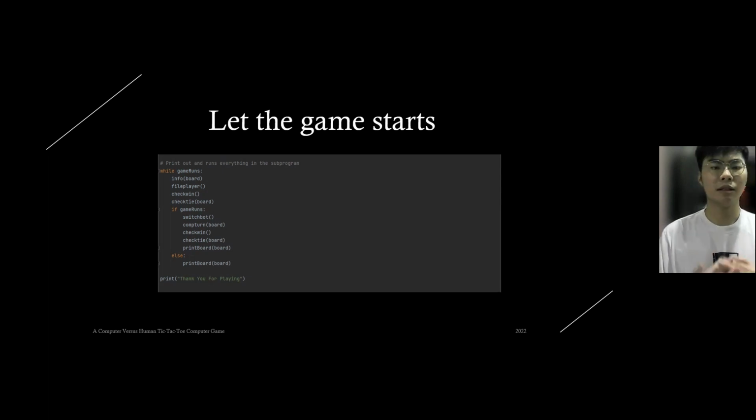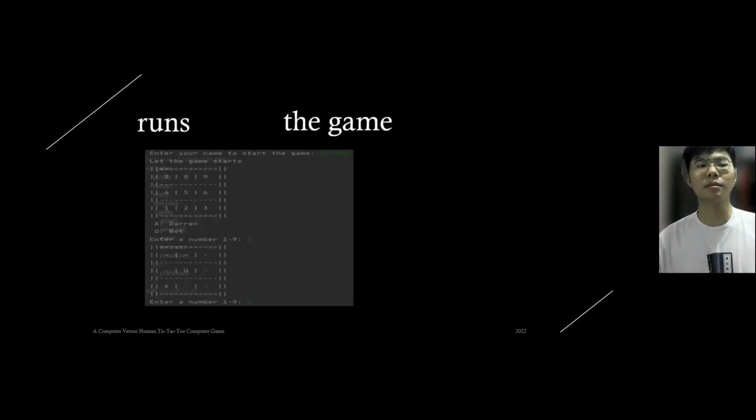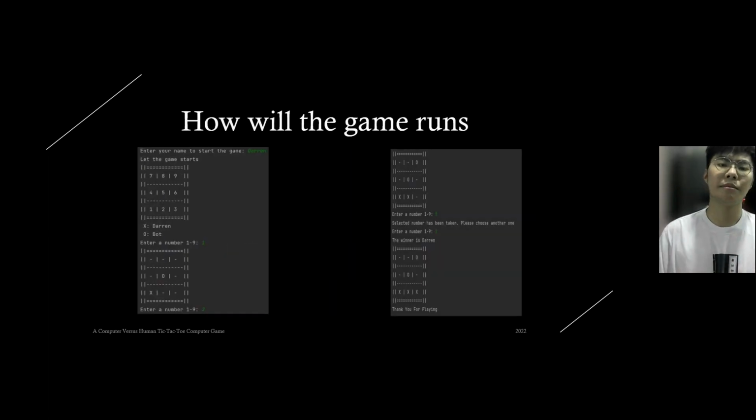If game runs is still true, it will keep going until someone wins the game and it becomes false, or it becomes a tie and it becomes false. Then it prints out the latest board to let us see the real results, with the if statement there. If game runs is equal to false, else it will print the latest result here.